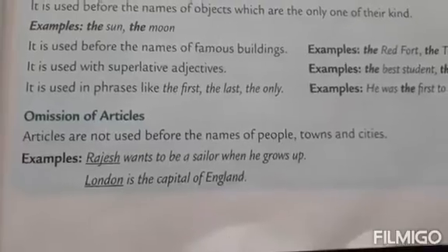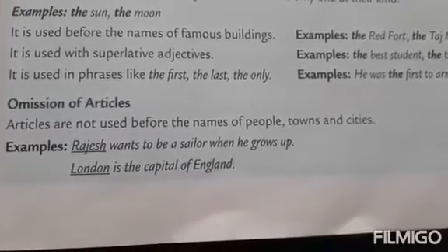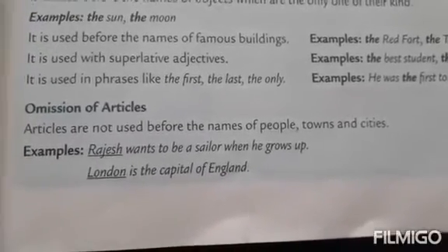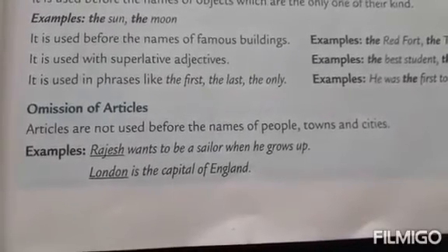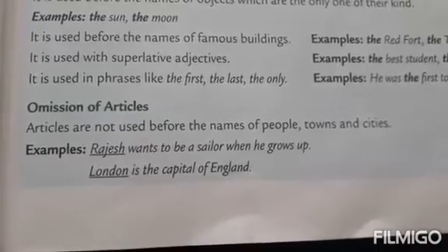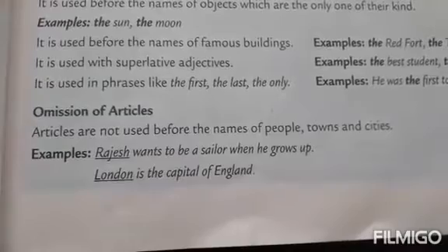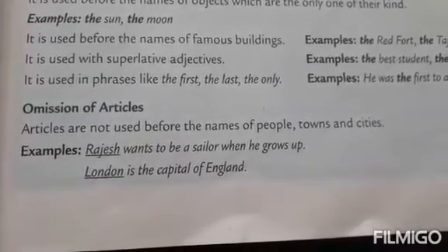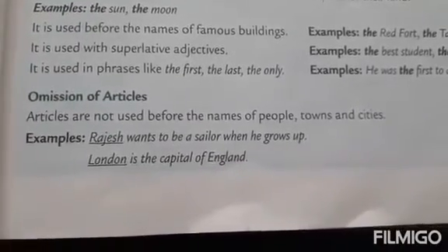Now we will come to omission of articles. Articles are not used before the names of people, towns, and cities. So what is omission of articles? Omission of articles means that in some cases, like before the names of people, towns and cities, articles are not used.